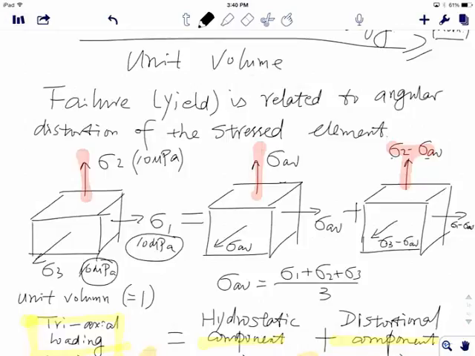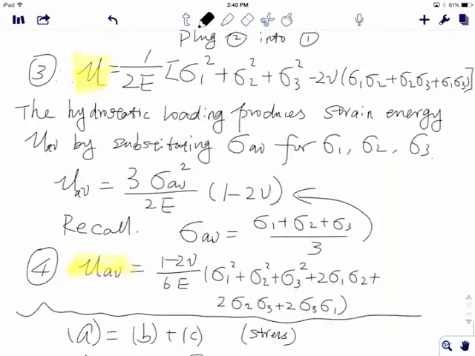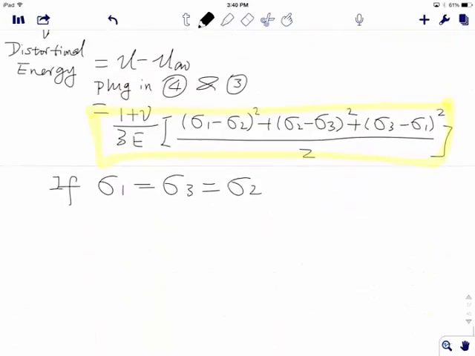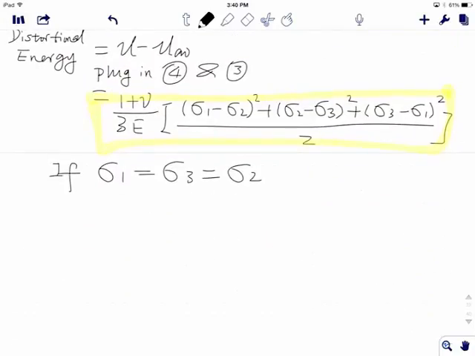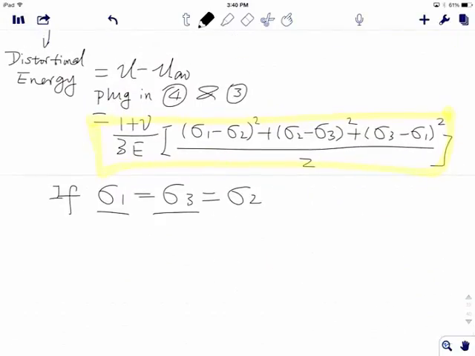So it should be 0. So let's see whether this distortional energy makes sense or not. If you have three things that are the same, the distortional energy should be 0, right? Because there's no distortional stress applied. Once you plug it in, this is 0, this is 0, this is 0. So that tells you distortional strain energy is 0 too. Makes sense.